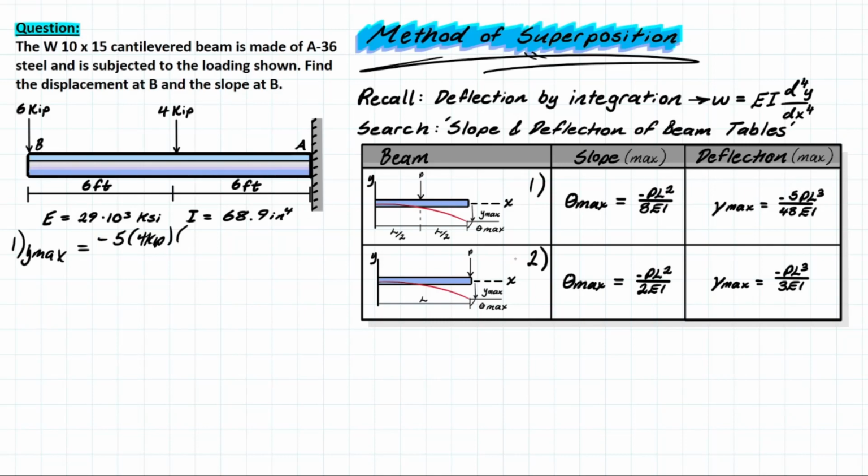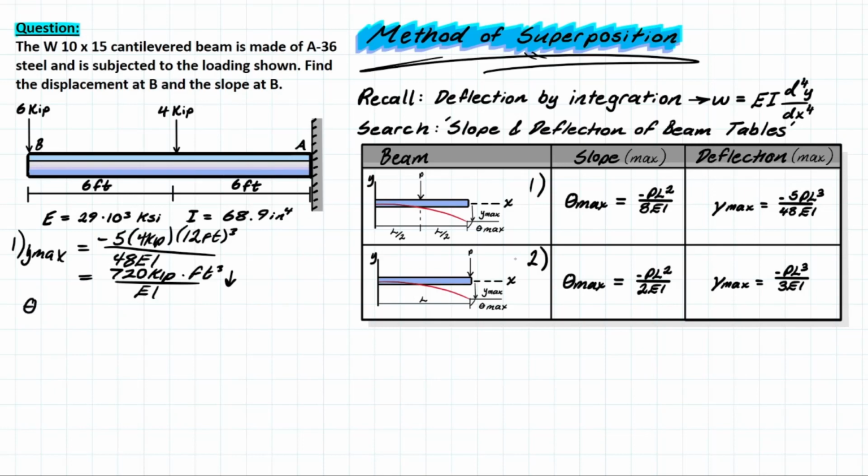So we're going to have 6 plus 6, which is going to be 12 feet, and that is going to be cubed. And then all of that is over 48 EI. Solving for this, you're going to be left with 720 kip foot cubed over EI. And this is a negative, but if we look at our beam, the deflection is going to be below the x-axis, meaning that we're actually deflecting downwards.